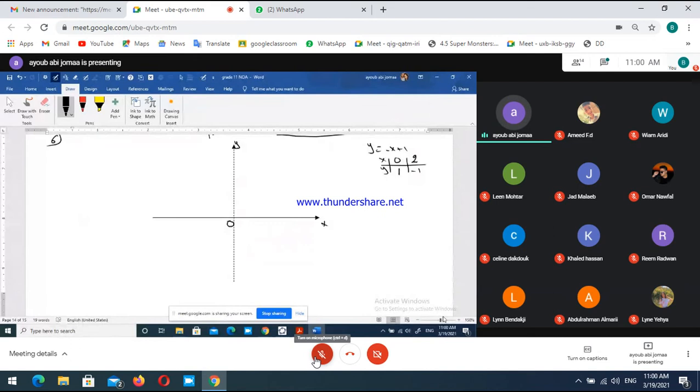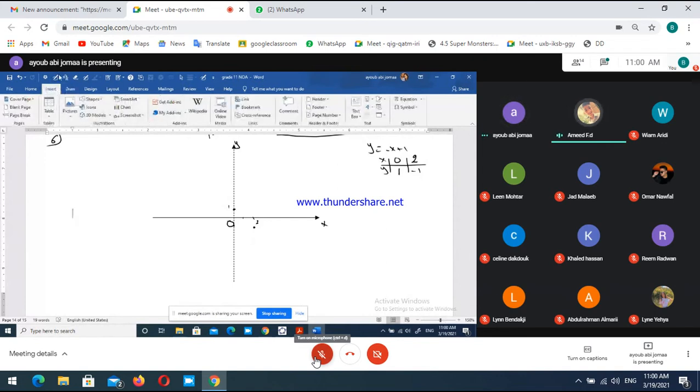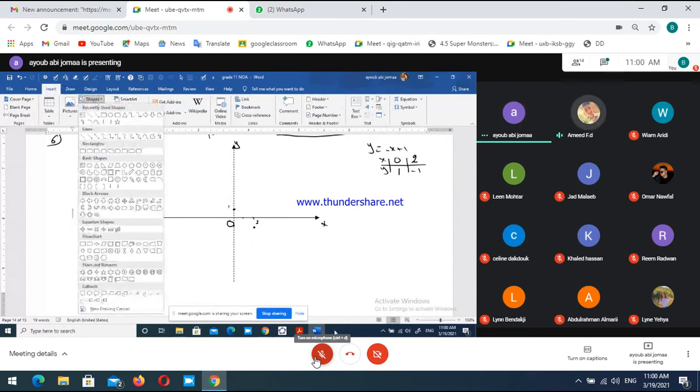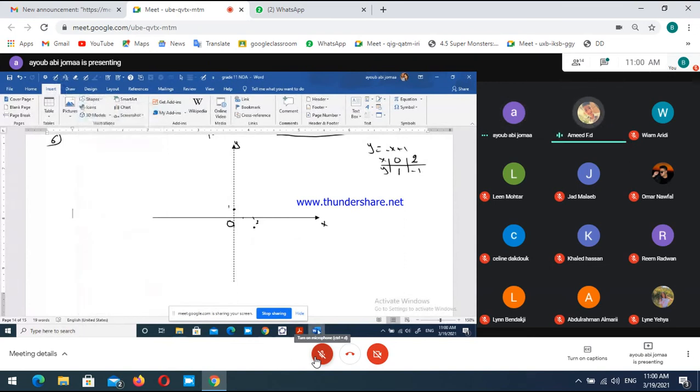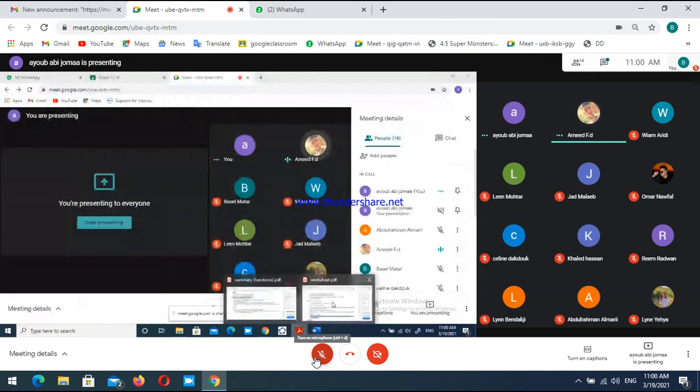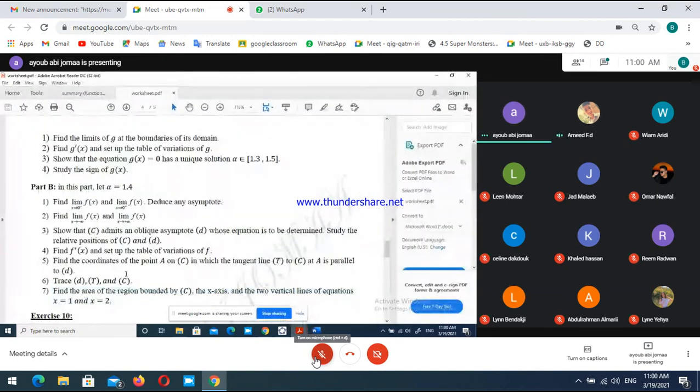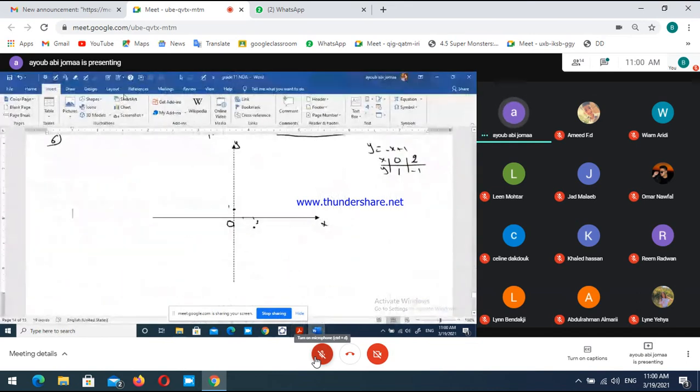So the points are (0, 1), (2, negative 1), (1, 2), and negative 1.